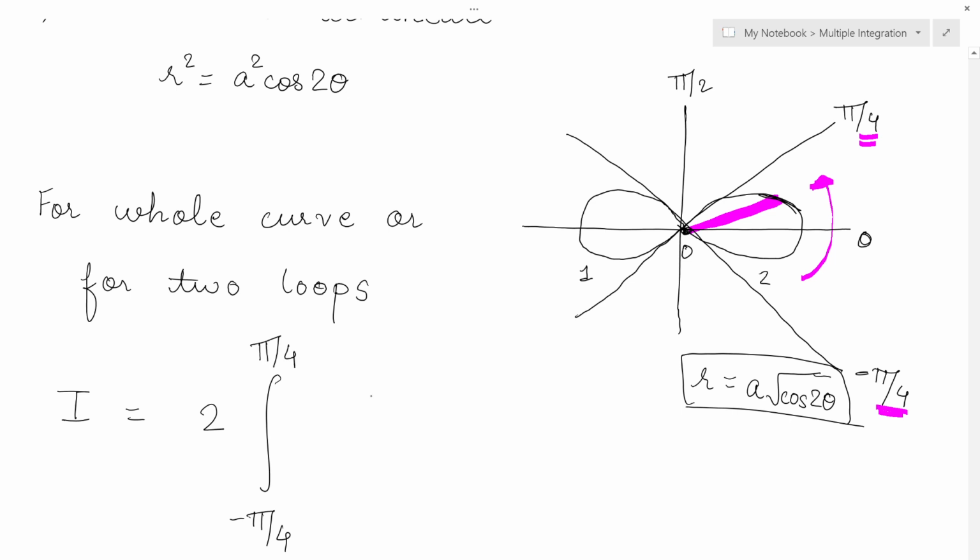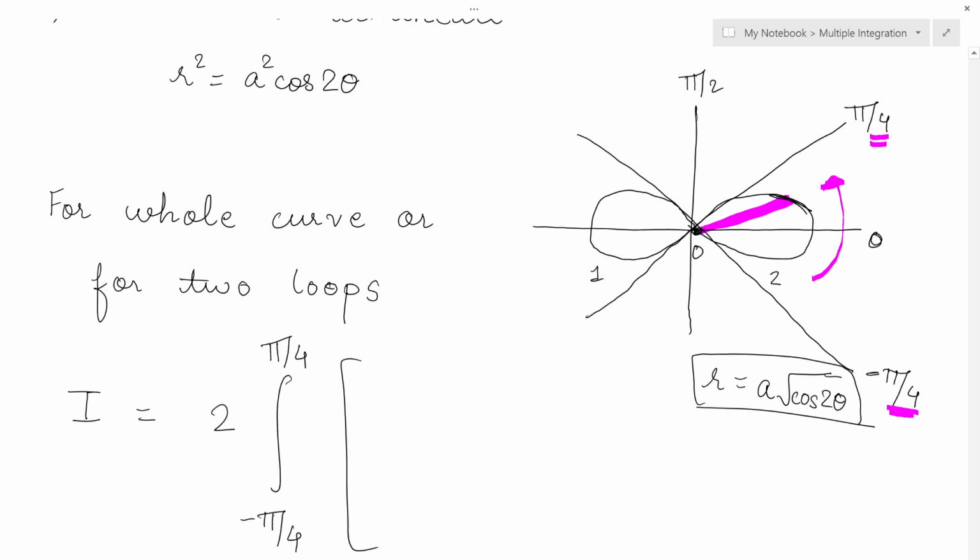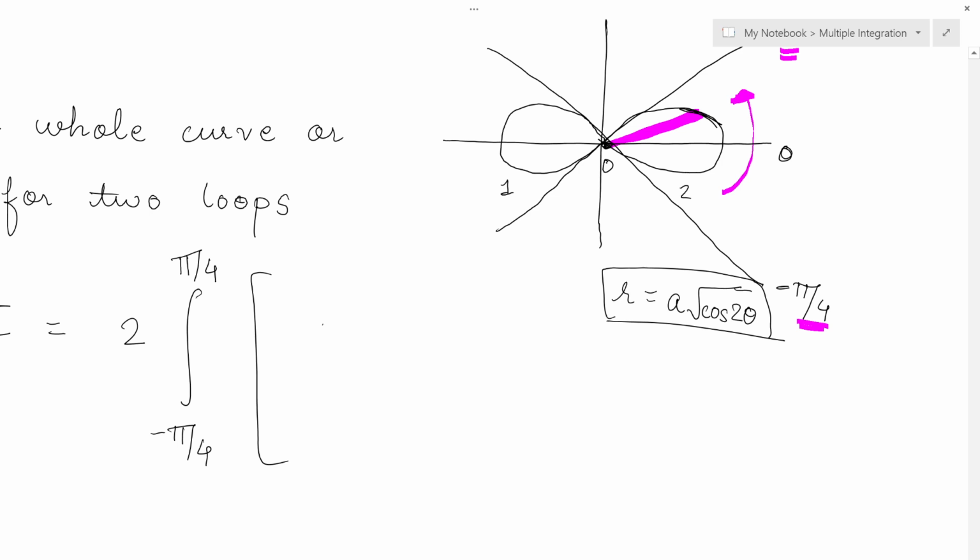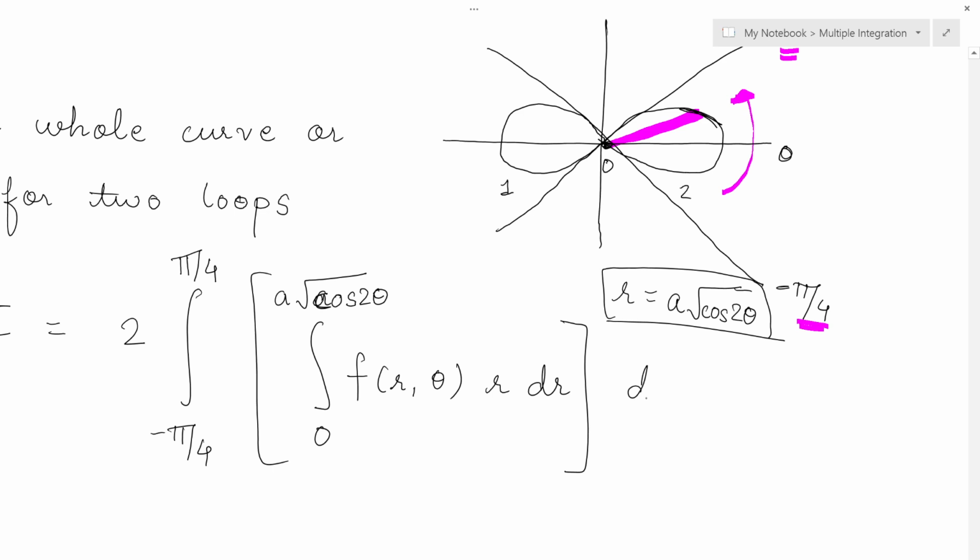This is my angle. Why am I doing 2 into? Because you have 2 loops. And the inner limits will be 0 to a under root of cos of 2 theta, f of r theta r dr d theta.